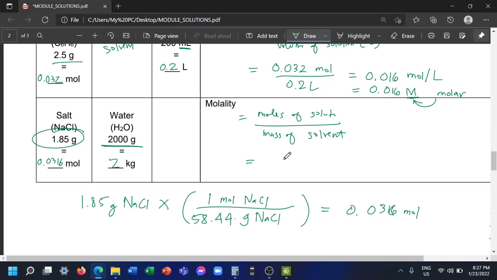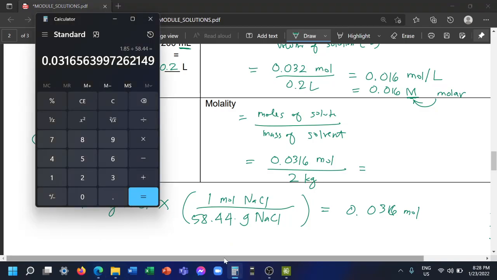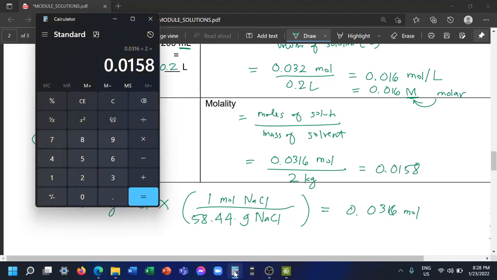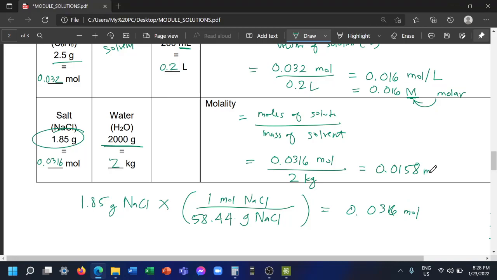So we are ready to solve for the molality. That is the moles of solute, 0.0316 mole, over the mass, which is 2 kilograms. Again, the mass must be in kilograms. Then solve this one. 0.0316 divided by 2 is 0.0158 mole per kilogram.